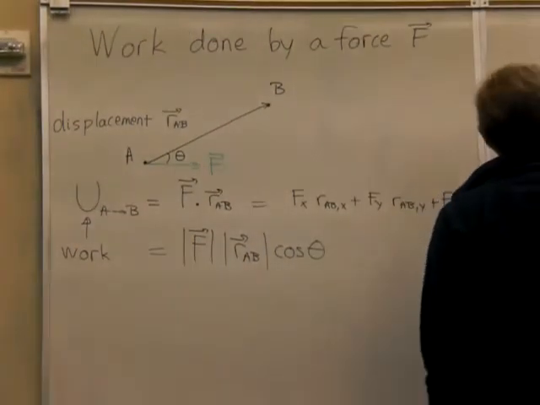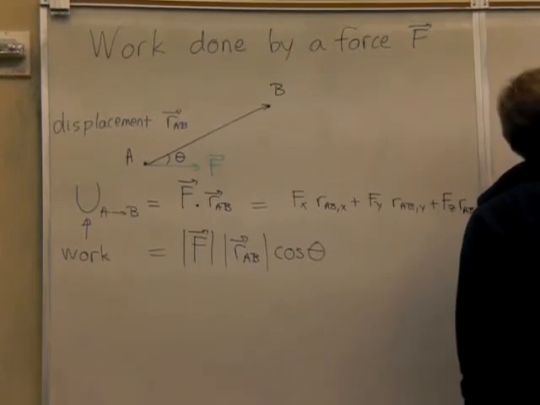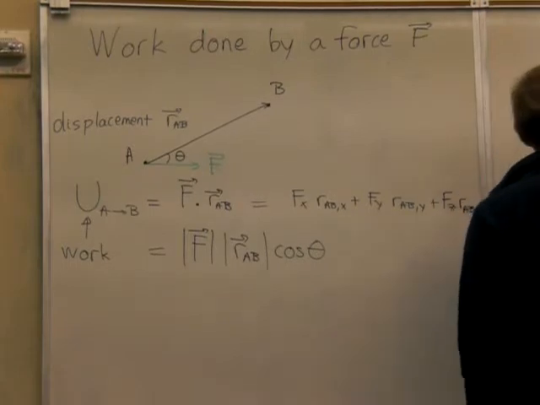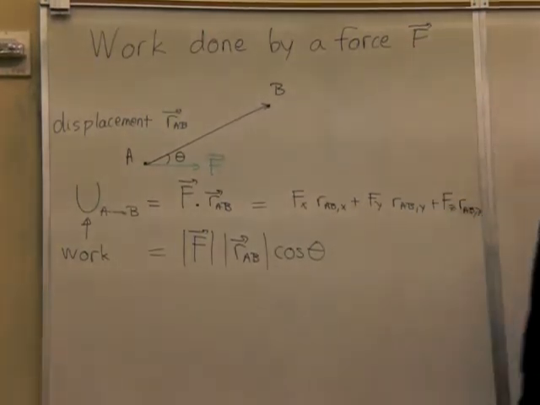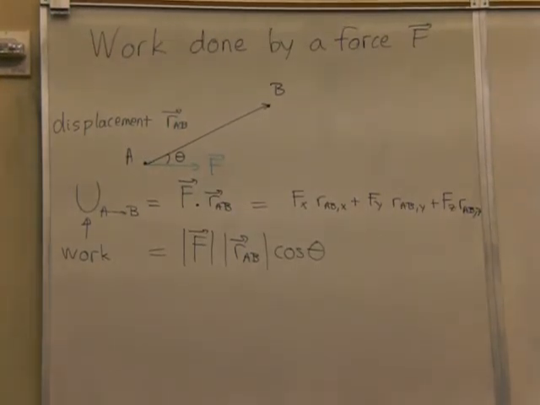So if I have r here, I have F here. What is RAB cosine theta? It's the projection of R onto F. Right.